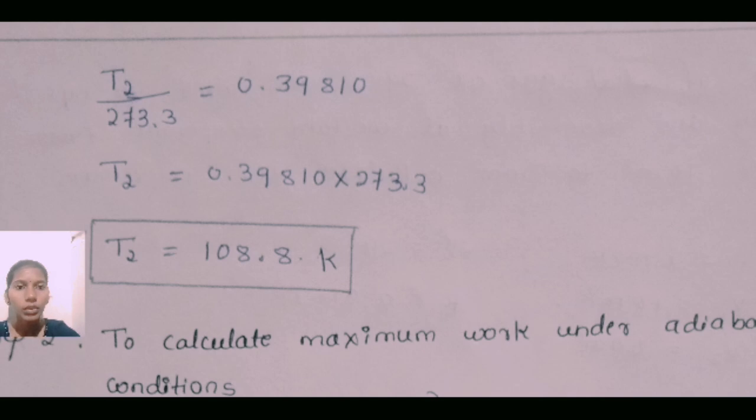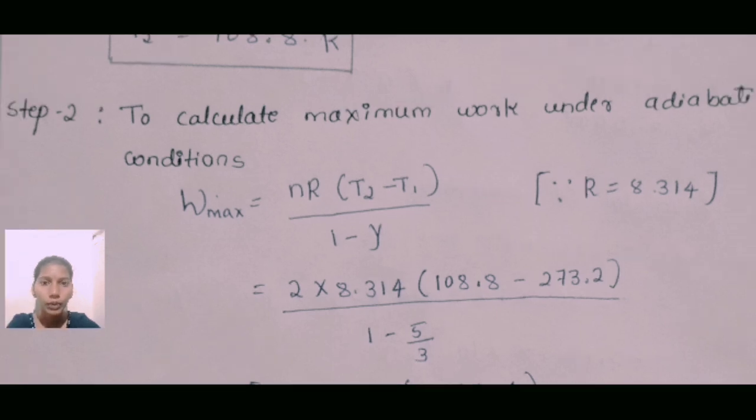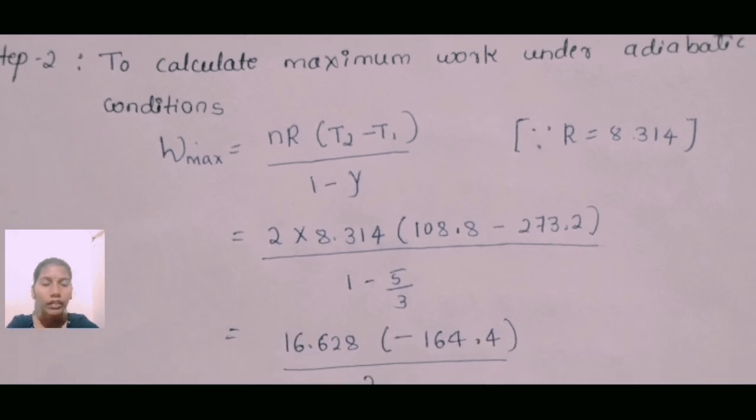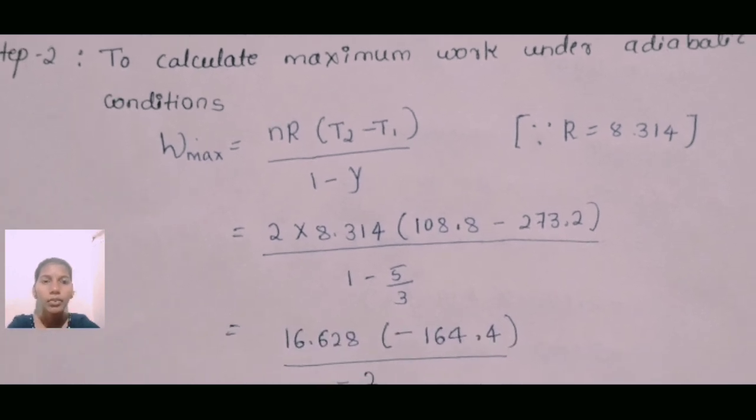Then T2 is equal to 0.39810 into 273.3. T2 is equal to 108.8 Kelvin.